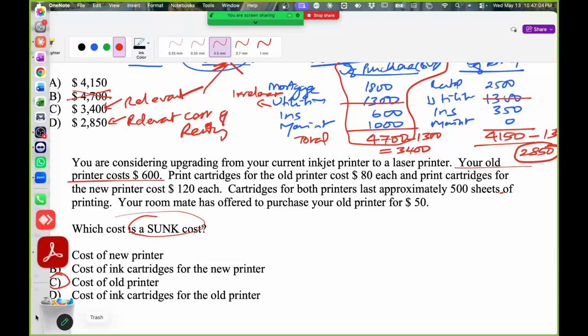No. Yes, you paid 600. Now your roommate is offering 50. You should not cry over it. It's finished now. Like, I paid 1.5 lakhs for this phone, so if I go to the iPhone store, they will give me only 10,000 now. That's it. You enjoy it.